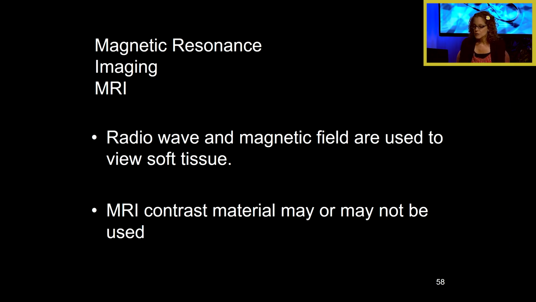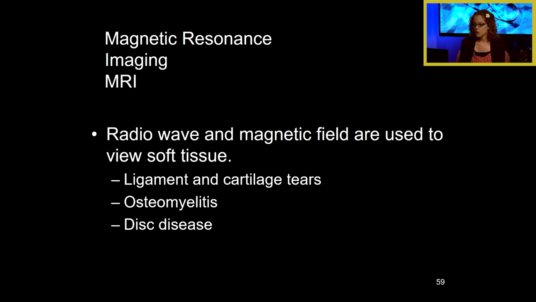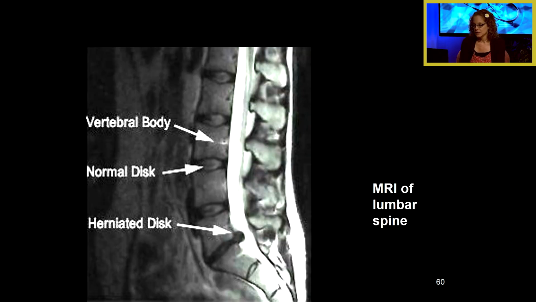Sometimes we use contrast material during MRIs for better viewing. Examples would be a ligament or cartilage tear that we might look at on MRI, osteomyelitis, which is an infection of a bone, which we're going to talk about a little bit more, and disc disease. So this would be in the back, on the spine, looking at diseases of the disc.